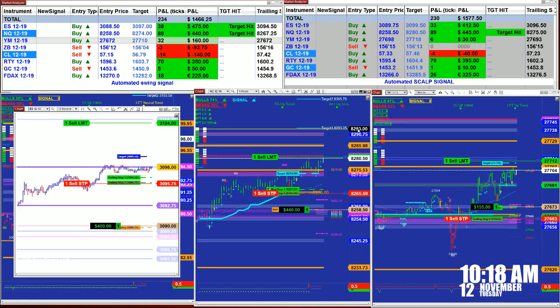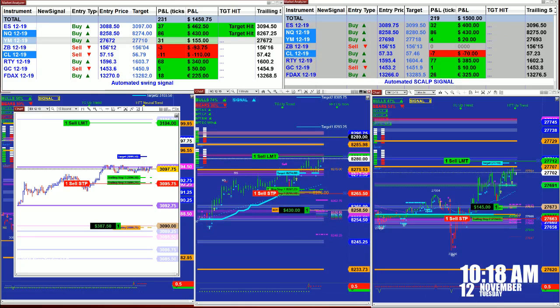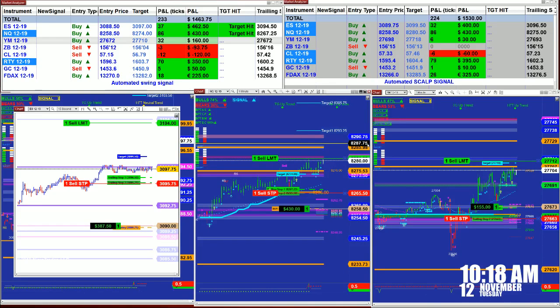There we go. It's trying to get rid of this Nasdaq. We are trying to get the last tick on the table. We're not going to leave the crumbs on the table.